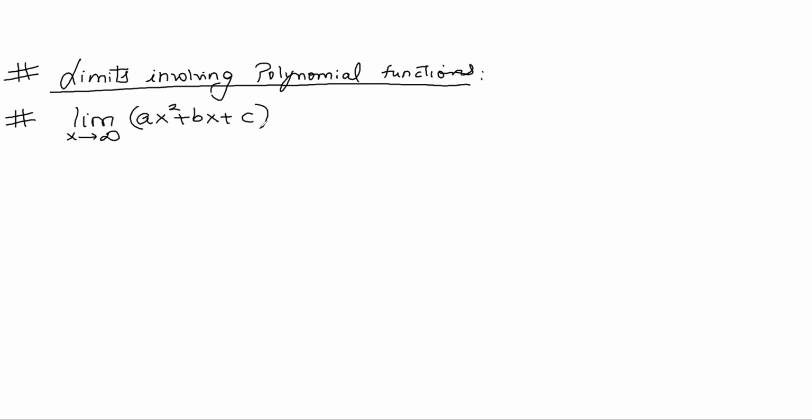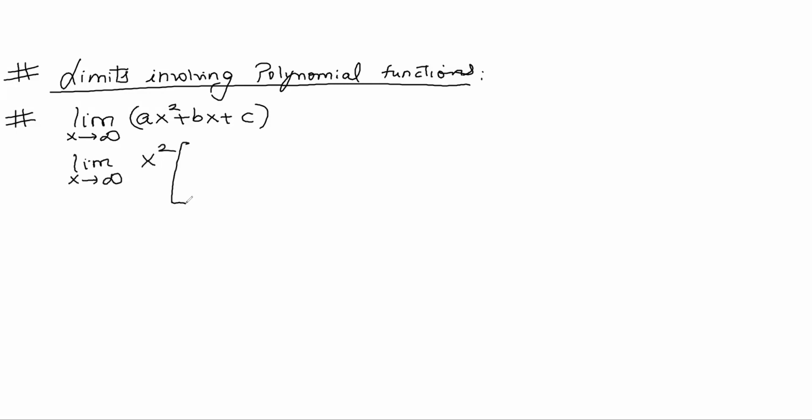Step 1, take the highest x term outside the bracket. So what's the highest x term? X square. X has a highest degree of 2. That means you take x square common. So, limit as x tends to infinity, I take x square common.